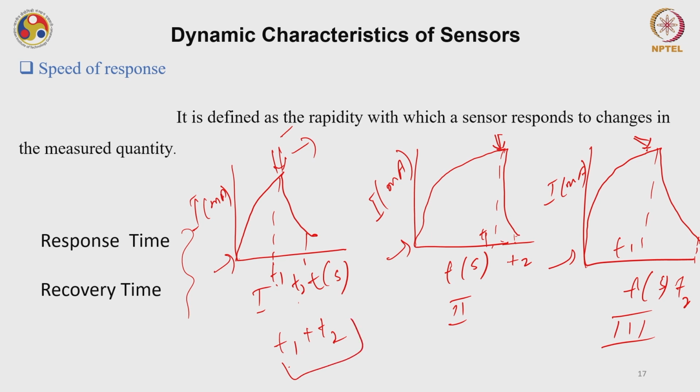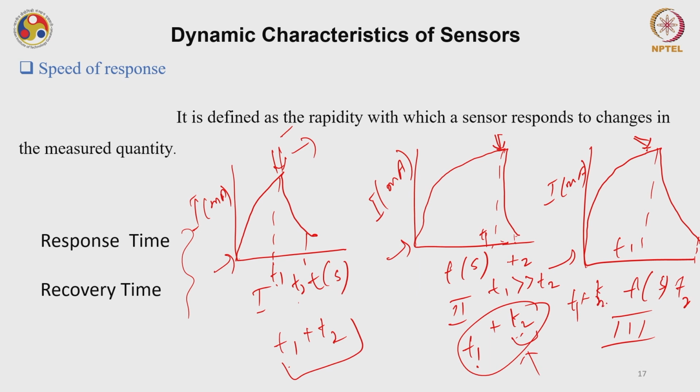However, in this condition, T1 is very large, although T2 is very low. T1 is very large compared to T2, so the overall behavior is governed by T1. Since T1 itself is very large, even if T2 is very small, I can say that the sensor is slow. Similarly, for condition 3, although T1 is not very high, the recovery is very poor, occurring at T equal to infinity.